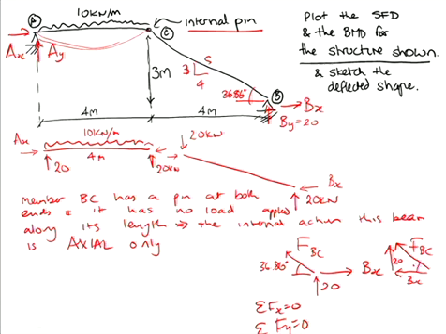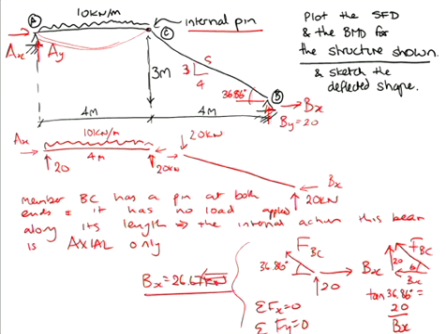And based on knowing that angle in there, I can say tan of 36.86 degrees is equal to 20 on Bx. So either method will give you a Bx force equal to 26.67 kilonewtons. So however you choose to look at it.